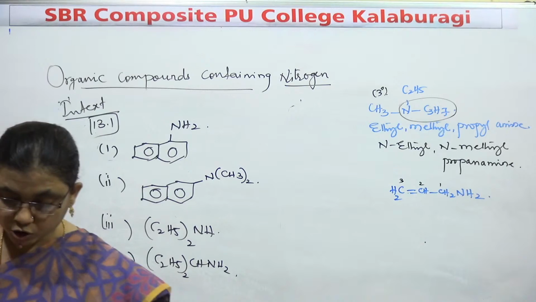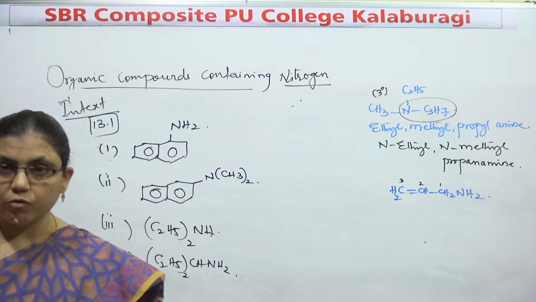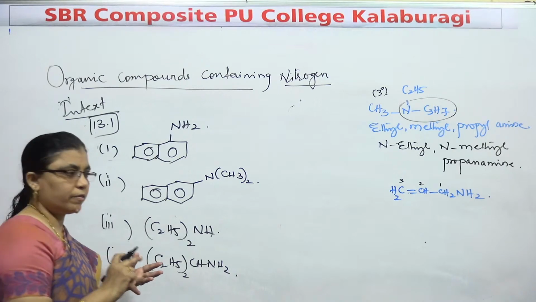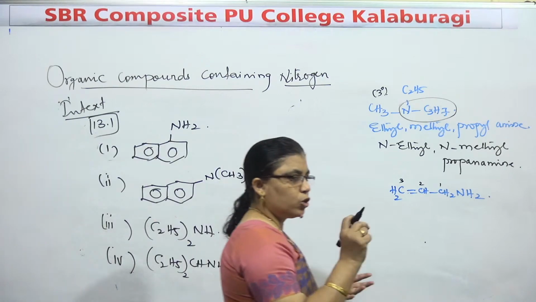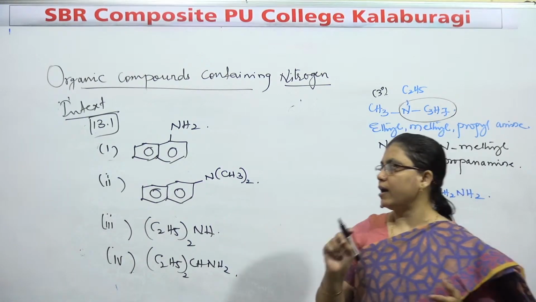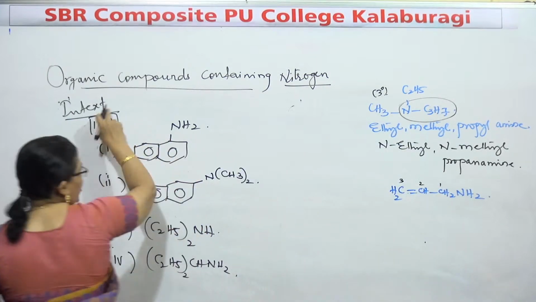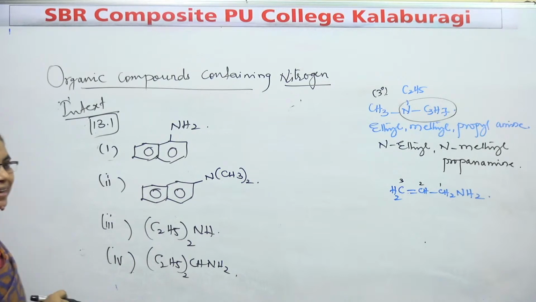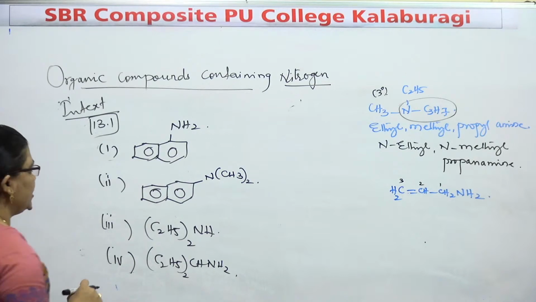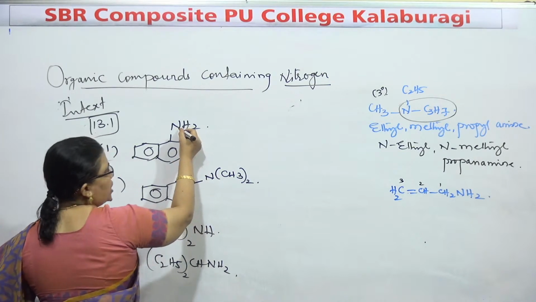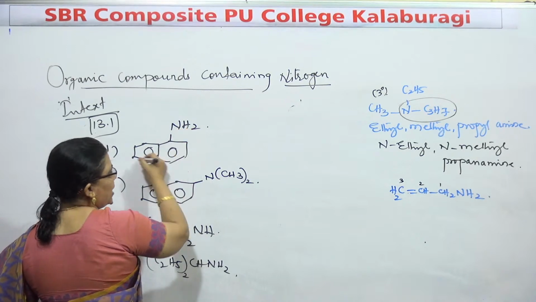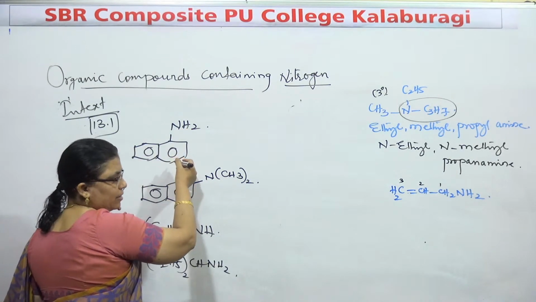One thing you need to remember here, children, is that solving in-text questions and exercise questions will make you perfect for theory as well as for competitive exams. Here the question is to identify primary, secondary and tertiary amines. One of the hydrogen atoms of ammonia is replaced by the naphthalene ring.